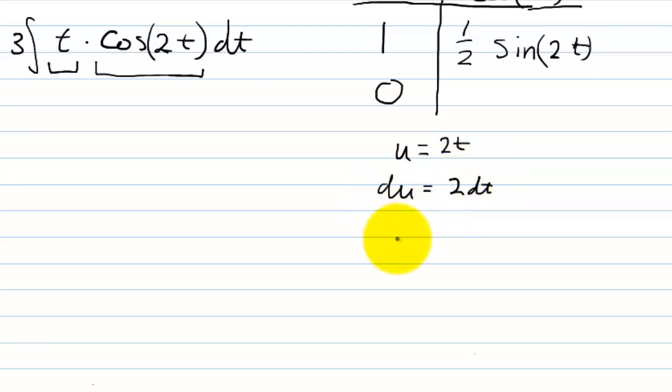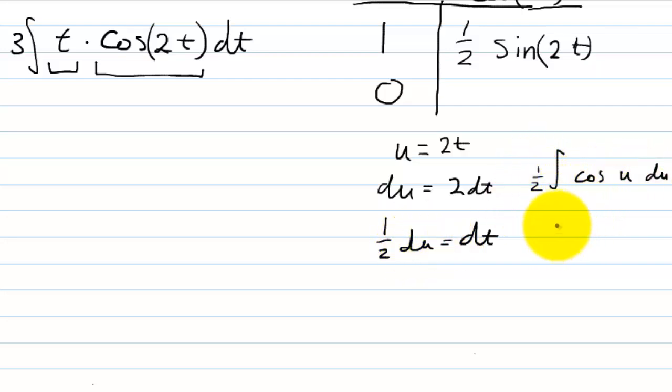I bring that over, so I get 1/2 du equals dt. Then I put in the u, so I have the integral of cosine u du, and remember we have the 1/2. The integral of cosine u du is just sine u, so it's 1/2 sine u. And that's how I get this.